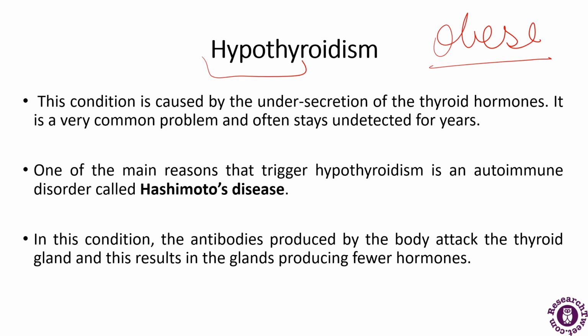One of the main reasons that triggers hypothyroidism is an autoimmune disease, Hashimoto's disease. What is happening in this condition? The antibodies produced by the body attack the thyroid gland, and it may result in the gland producing very small amounts of hormones. So this is the condition of hypothyroidism.